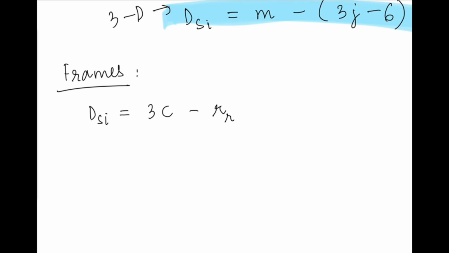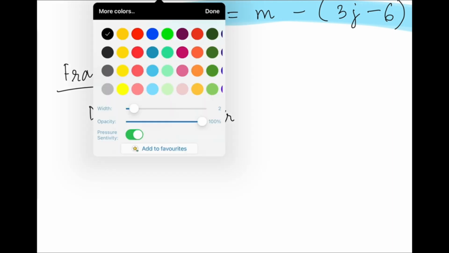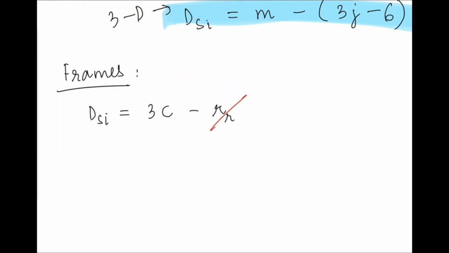So what does this mean? It is assuming that your frame is rigid, as in it has all rigid joints. Then this r, which is the number of internal reactions released, will be 0.